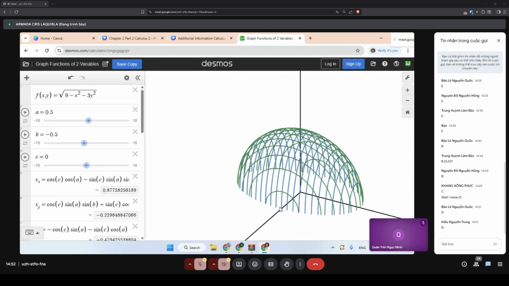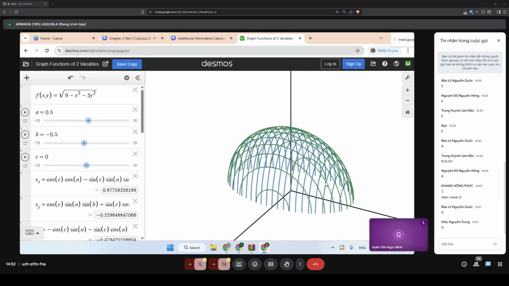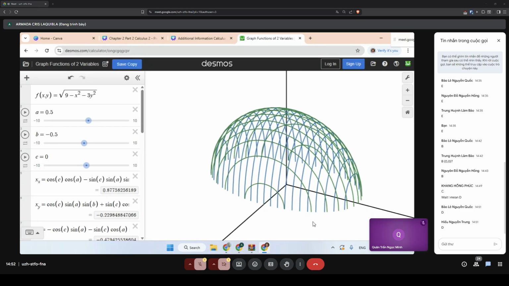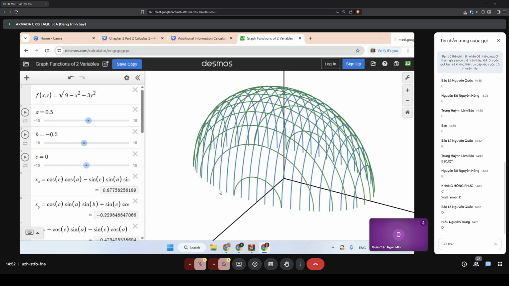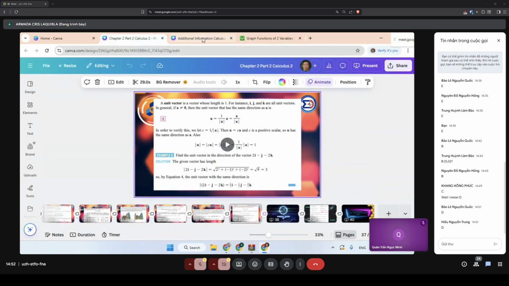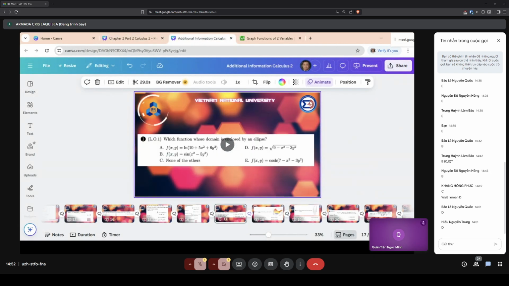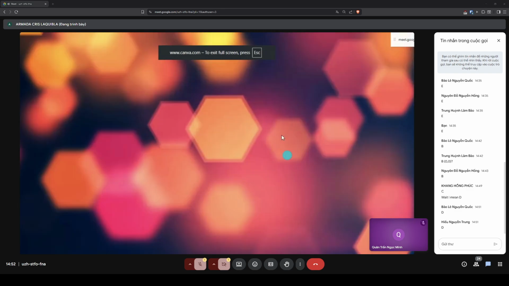And as you can see here, the domain here in your xy plane looks like an ellipse. It looks like an oval shape or an ellipse. That is why the answer there is letter D. Okay? And that's it.